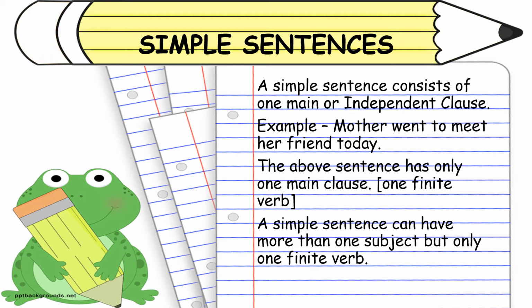So the sentence which has one or more subjects but only one finite verb is called a simple sentence. If you look at the example, mother went to meet her friend today, the main finite verb is went. So there is only one finite verb. Sentences like that are called simple sentences.